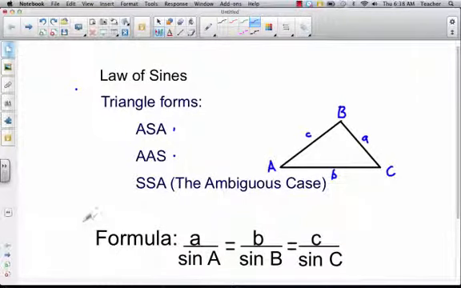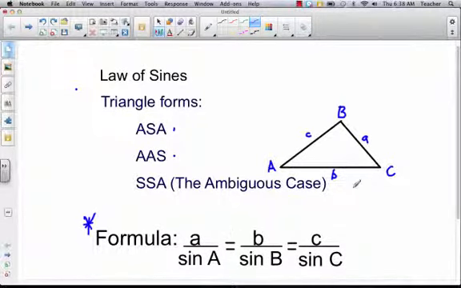The formula which we're going to be using is the following. It looks confusing because we have three sets of these fractions or ratios, but we'll be utilizing two sets. If you look at triangle ABC right here, for every side in relationship to the sine of its angle, the ratios are equivalent.